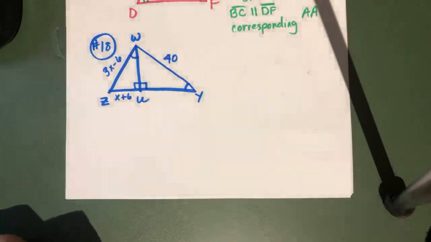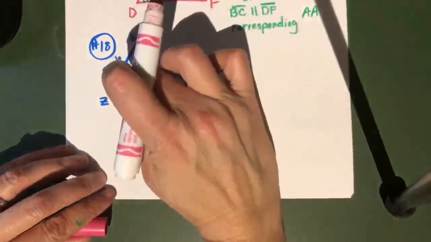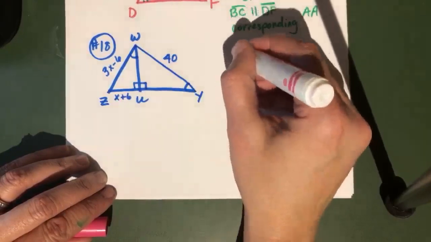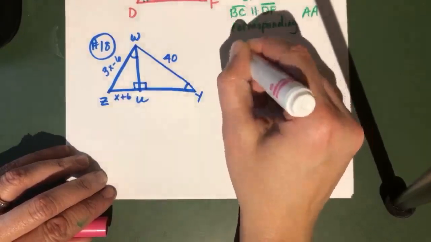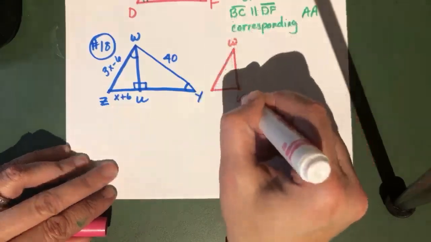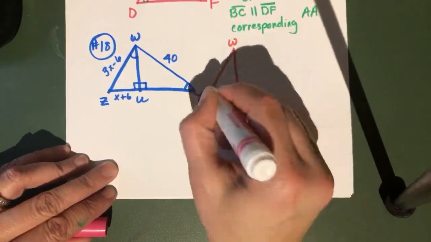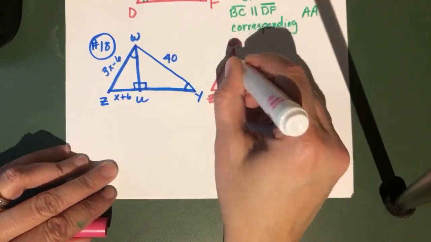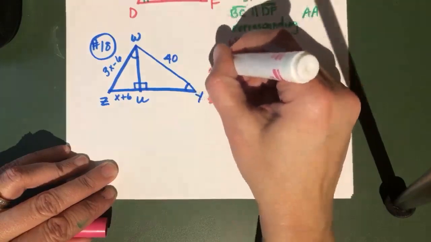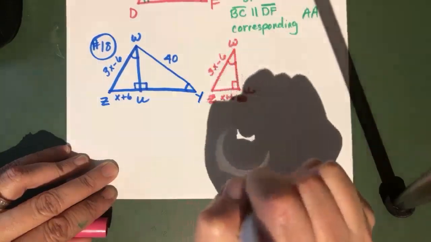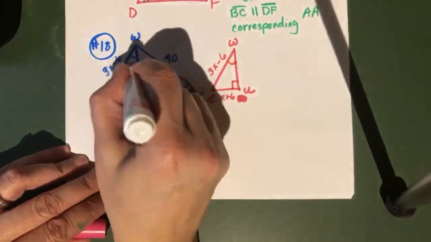What I'm going to do is the same thing I did in the previous one. I'm going to split these apart. I'm going to take triangle A and triangle B, and I'm going to split them. So let's do the small one first. The small one is this. That's W, U, Z. Got a right angle there, an arc there, 3x minus 6 here, x plus 6 here. Okay, that's this one.